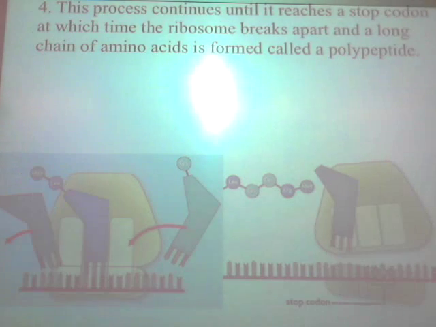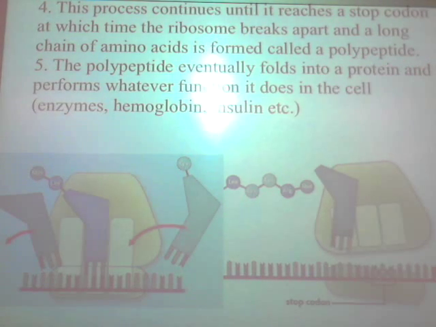So again, after that breaks off, the polypeptide eventually folds into a protein and performs whatever function it's supposed to be doing.